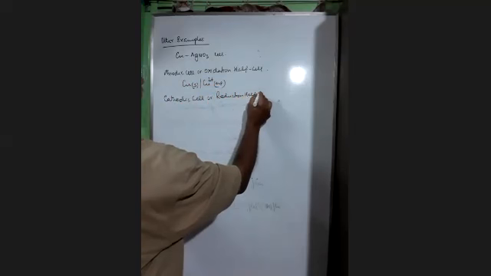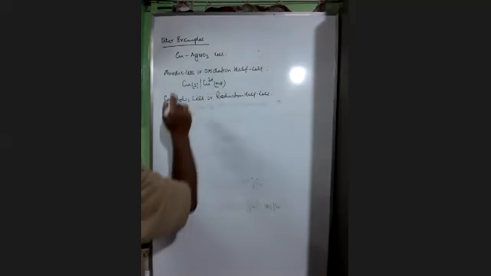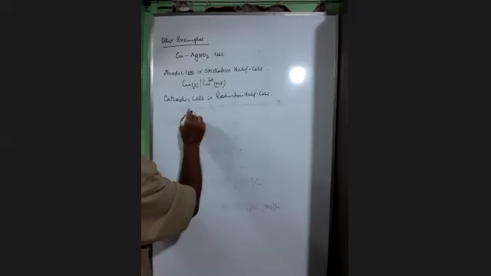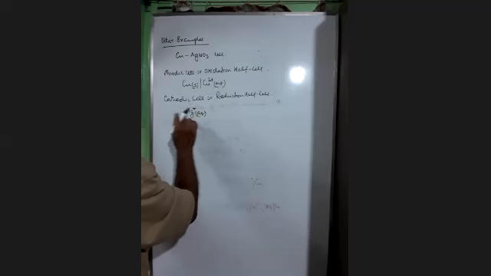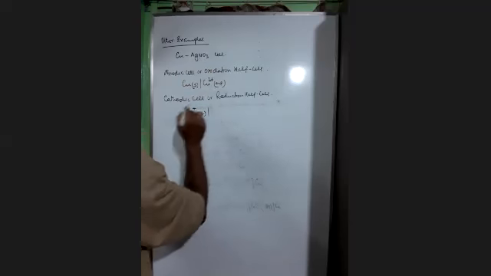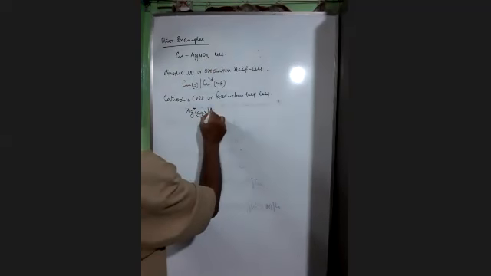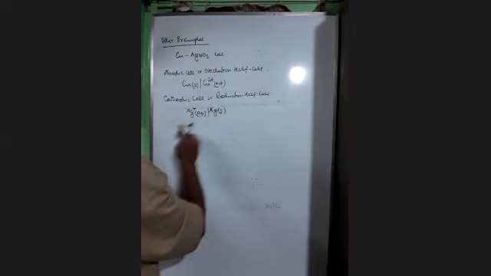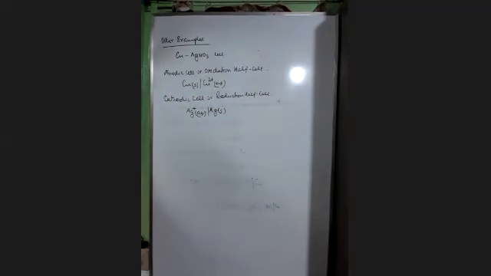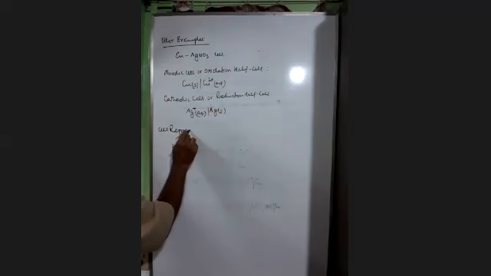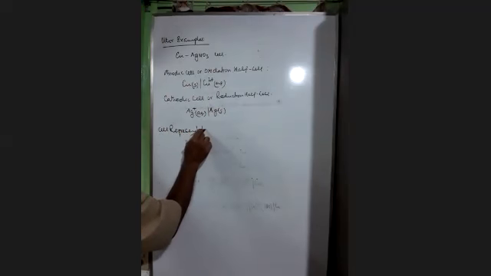Okay, so in that case, for the reduction half cell it will be silver ion. So what will this be now? Ag plus aqueous. This is the one. And what will be the electrode? Silver. This will be the electrode. Please write down now the cell representation.